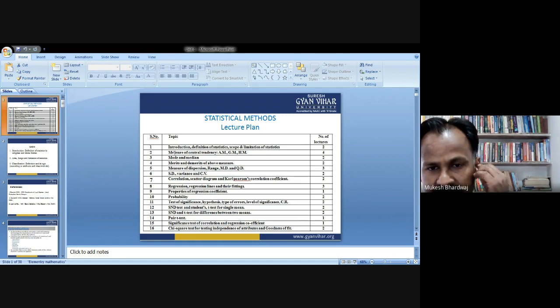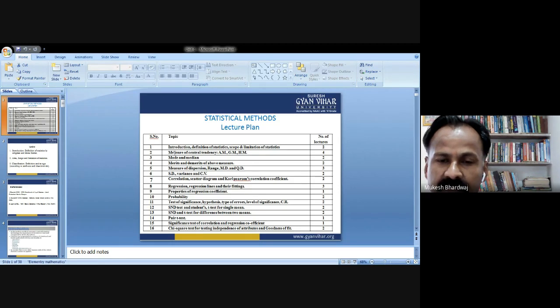And the geometric mean, in the very same way, is somewhat related to the arithmetic mean. Then the harmonic mean, the method is somewhat different. There is some slight change in the formulation to calculate the arithmetic mean, geometric mean, and harmonic mean. So these are known as the measures of central tendency. Again, in the third topic, mode and median are covered under the measure of central tendency.